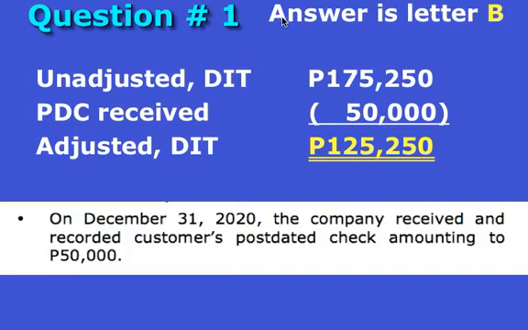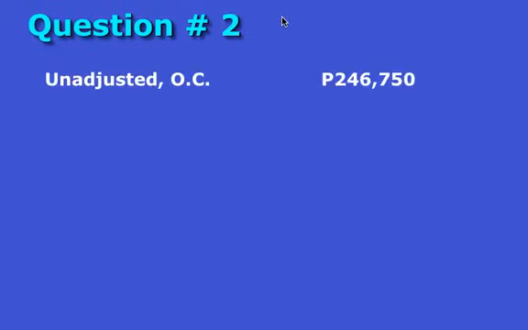Okay, number 2, adjusted outstanding checks. Go back to the bank recon prepared by the client. Unadjusted. The relevant information. Third bullet point. So, refer to the third bullet point. This one.